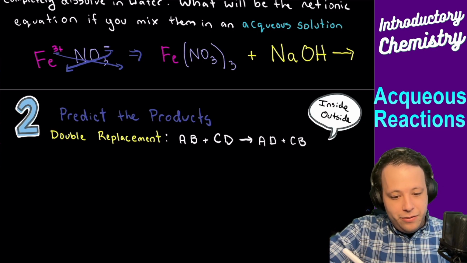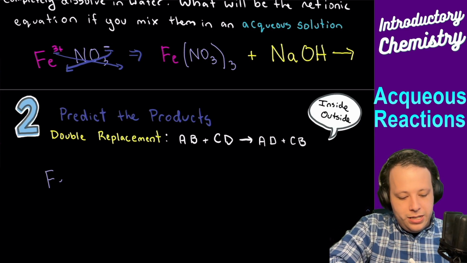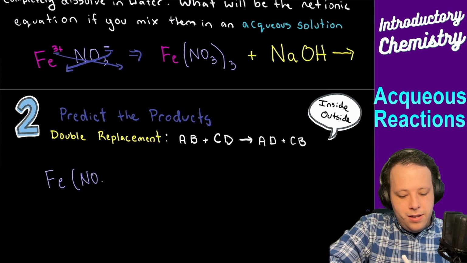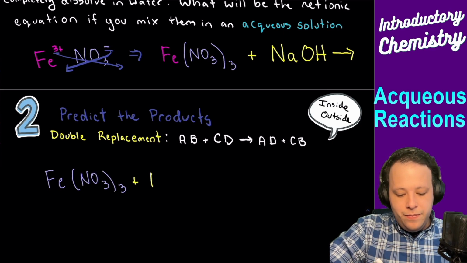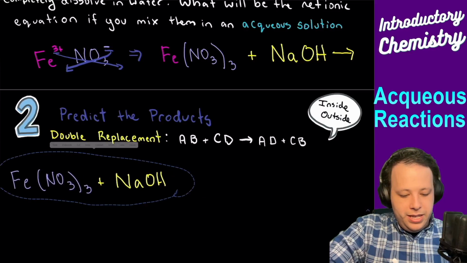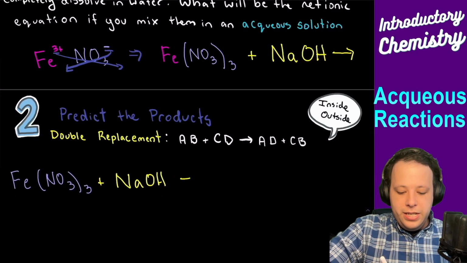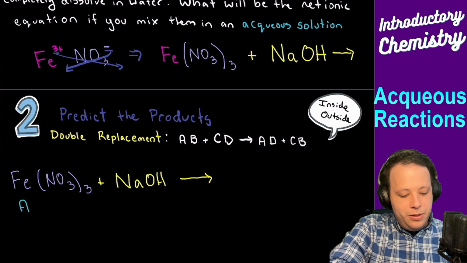So we have the following, right? We had iron nitrate, and that is mixing with sodium hydroxide here. This is going to be a double replacement reaction. So being that is the case, we're going to do AB plus CD. So we'll label our species.